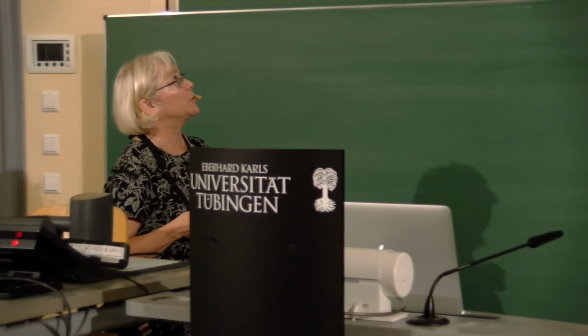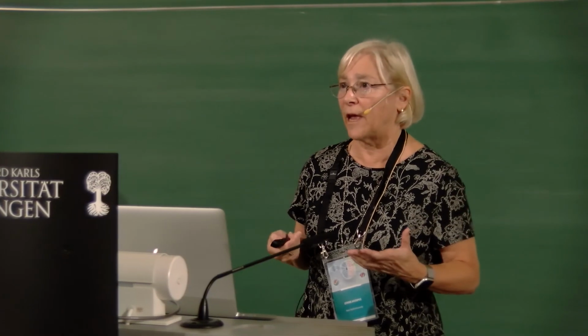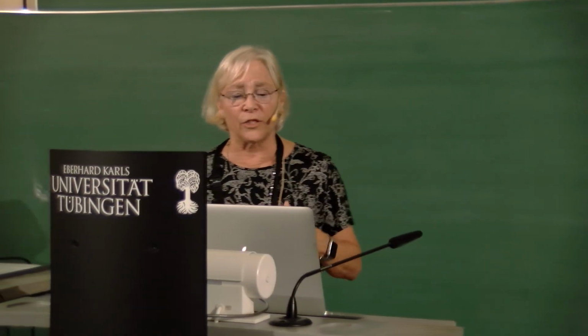This is showing you the same two comparisons between V1 and MT, where latency improves in V1 as a function of age, and also in MT as a function of age, but again, much more dramatically at the level of MT. So you have much longer latencies in infant MT. So neurons are waiting a long time to fire. And again, that is not quite adult-like, even at 3 months in this series.